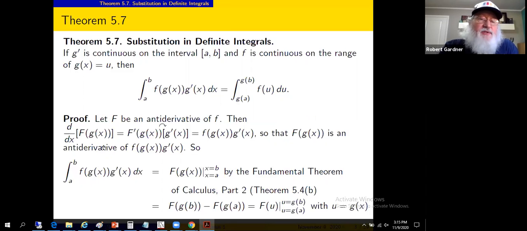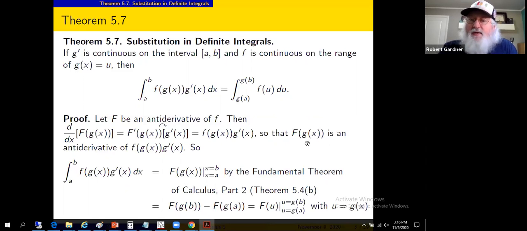So we found something that we can differentiate to get the integrand. In other words, that something, F(g(x)), is an antiderivative of the integrand. Well, we evaluate definite integrals using antiderivatives. So the definite integral of f(g(x)) g'(x) can be computed using any antiderivative.